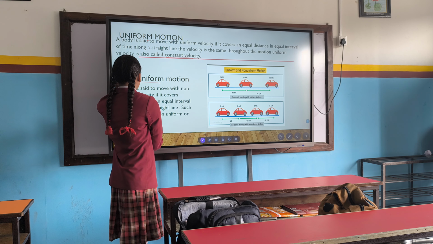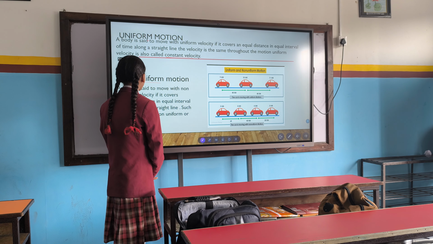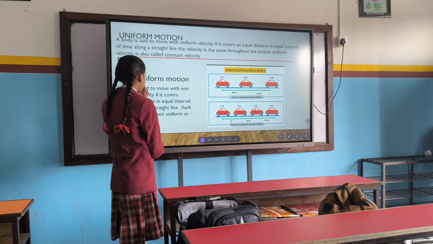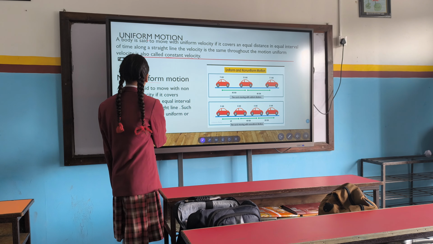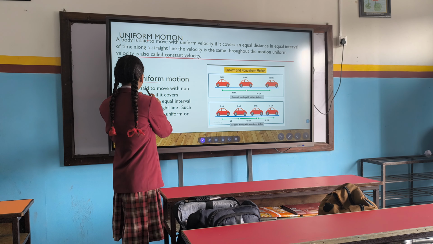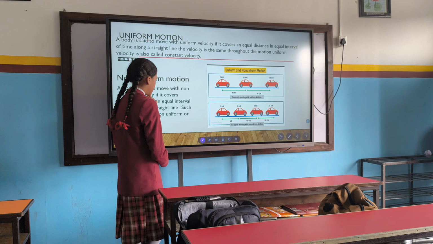And non-uniform motion. A body is said to move with non-uniform velocity if it covers unequal distances in equal intervals of time along a straight line. This velocity is also called non-uniform velocity or variable velocity.